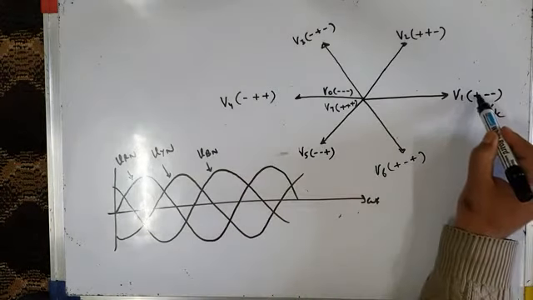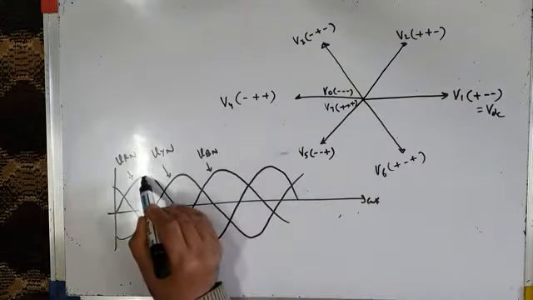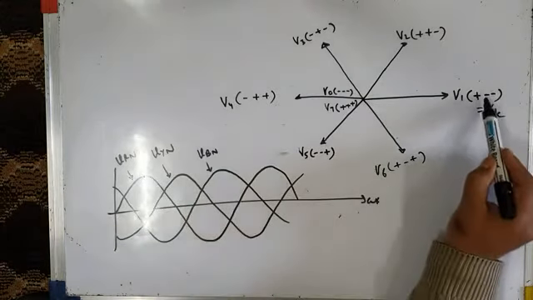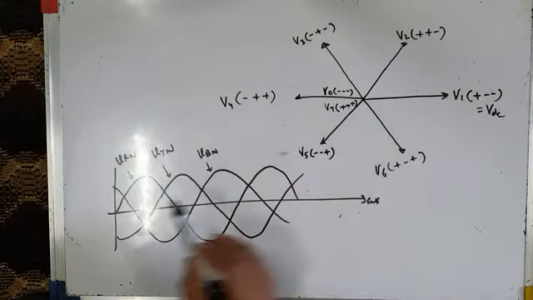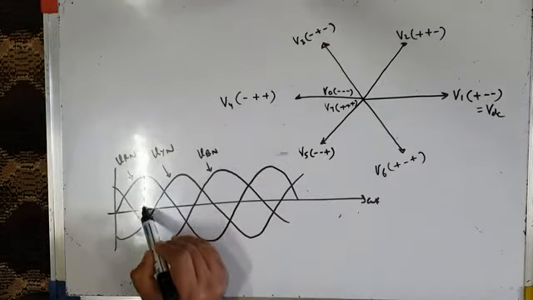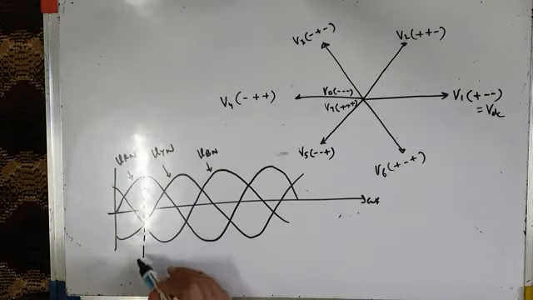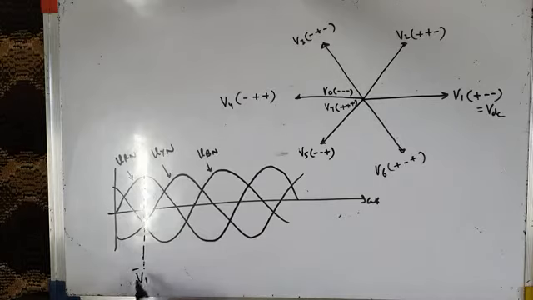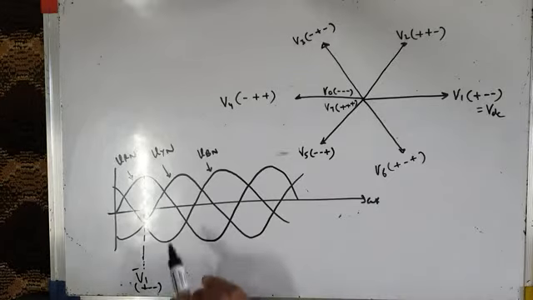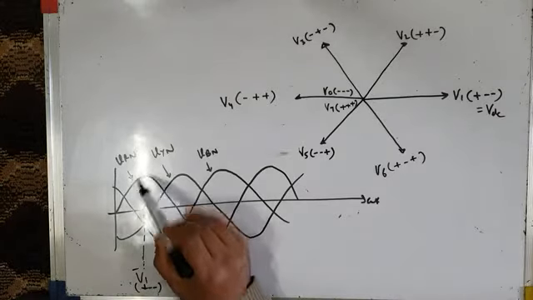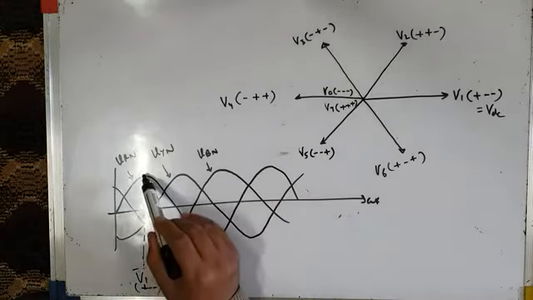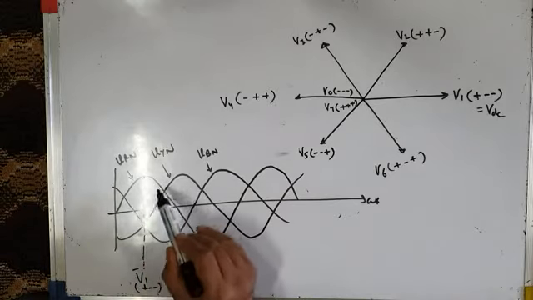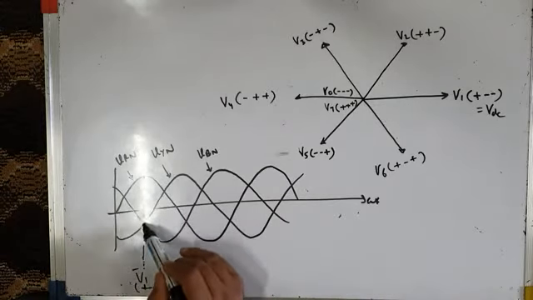Now here VRN is maximum positive, whereas VYN and VBN are negative. So this is my voltage vector V1, and it is plus minus minus. Plus minus minus means phase voltage VRN is at maximum positive, whereas VYN and VBN are some negative value.